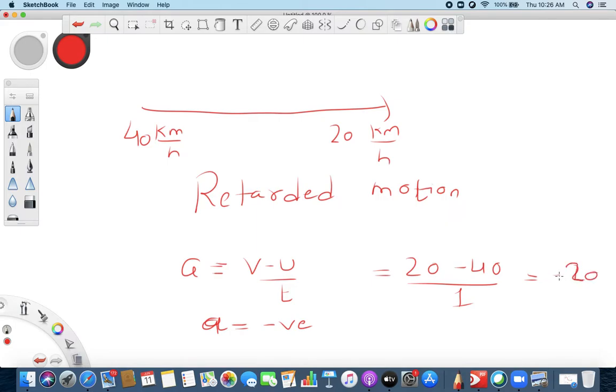So whenever your A value is negative, it is called retarded motion, and whenever your A value is positive, it is called accelerated motion. So that is what I was talking about here, accelerated motion and retarded motion.